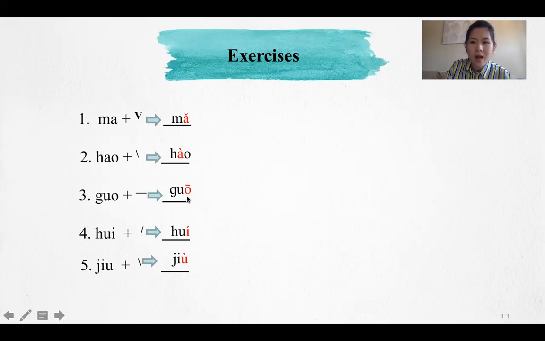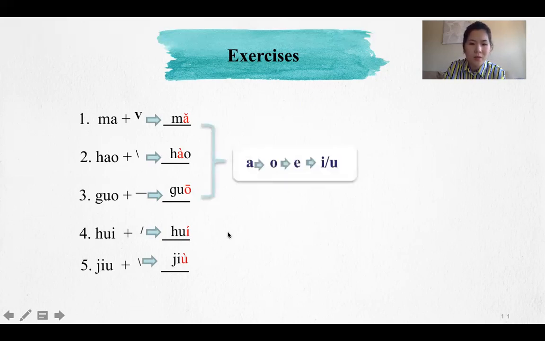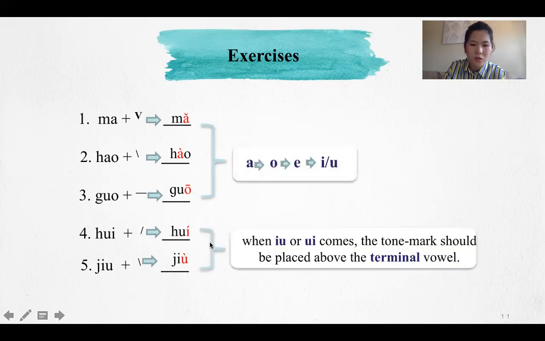Remember, a, o, e, i, u, ü. So o goes first. And then hui, excuse me, hui. These two are special because we talked about it. It only goes to the last one. And then this one, you, it goes to the last.